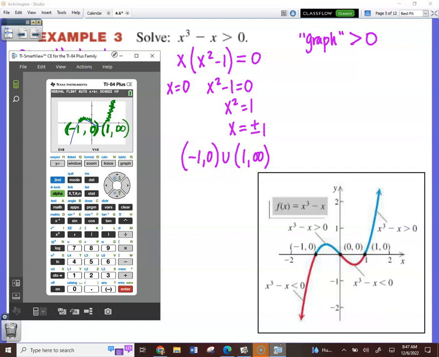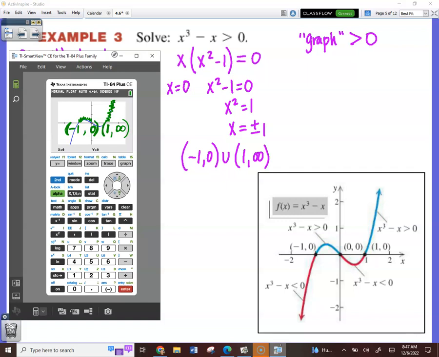What do you think? Seems really complicated, but it's just get your critical points, and then it's a matter of where you shape. Where's the graph, either above or below the x-axis?